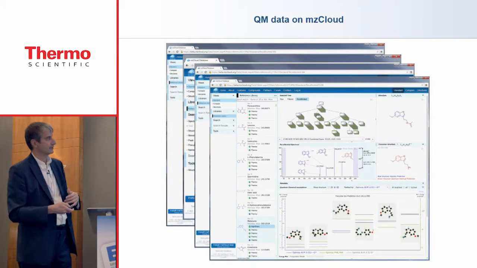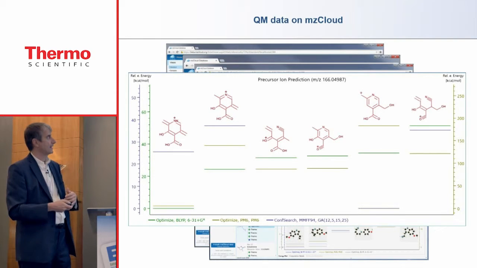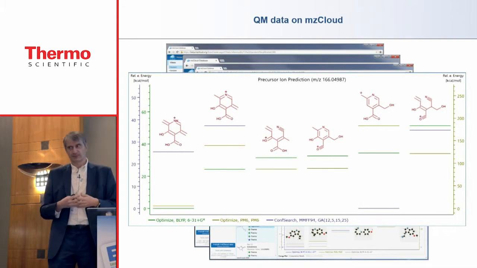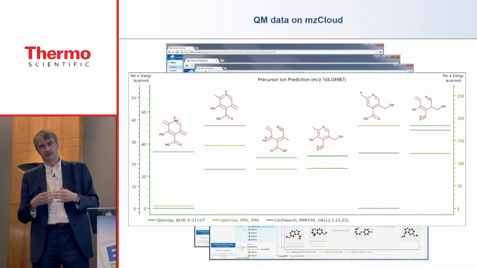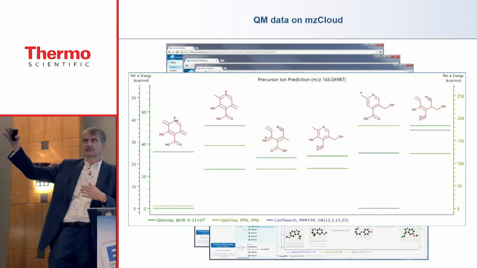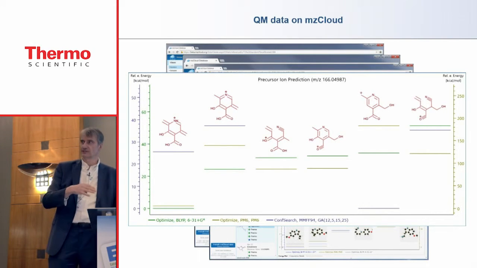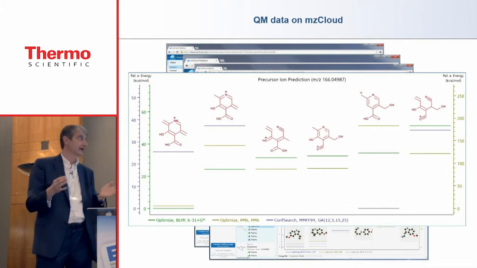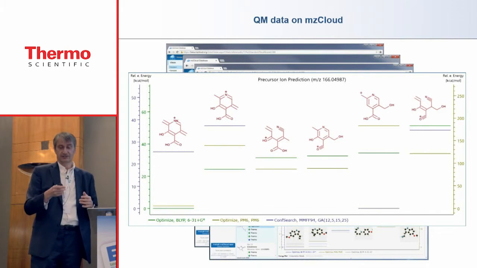You can see even the three-dimensional structures. This is our typical view. Since it takes so long and is very expensive to calculate those fragments, we are just continuously filling this information into mzCloud, so you will not see all the quantum chemical calculations for all the compounds. It will take us a couple of years and a lot of resources, but we are progressing.